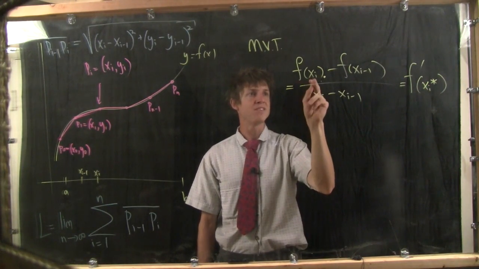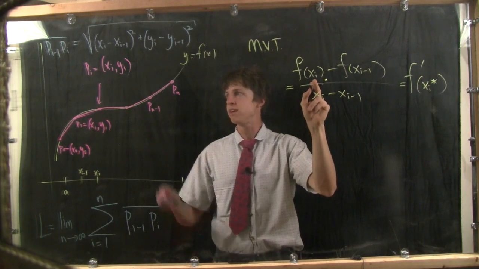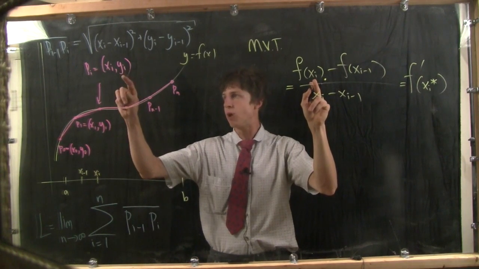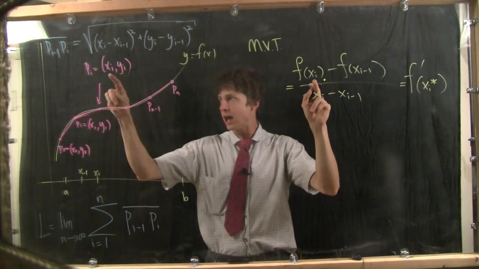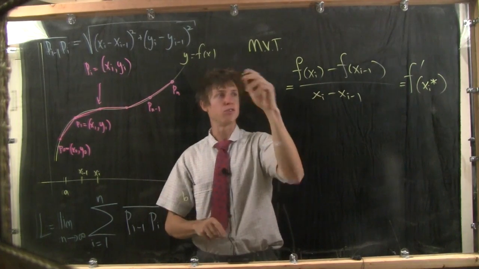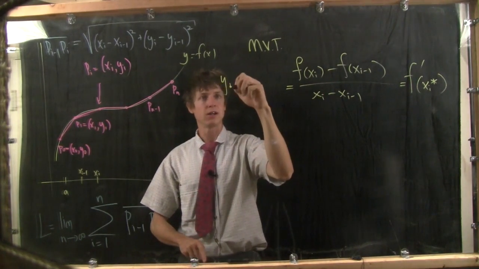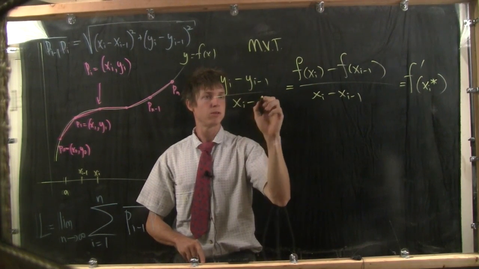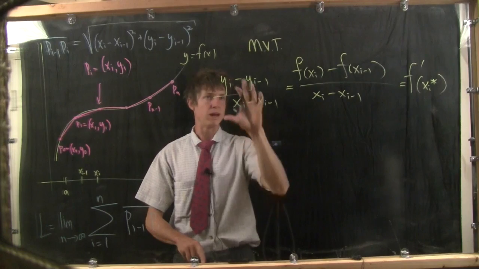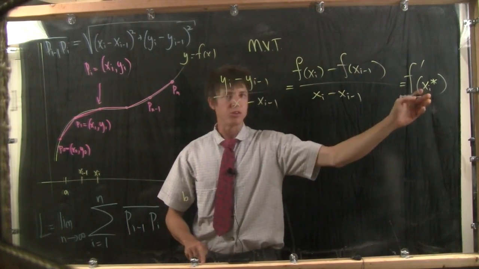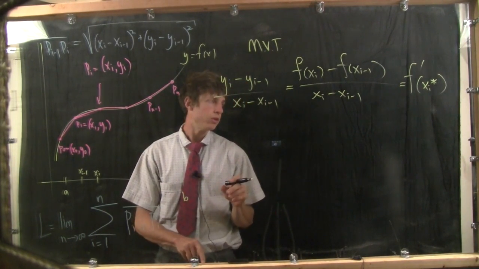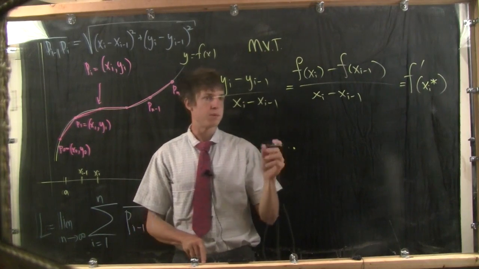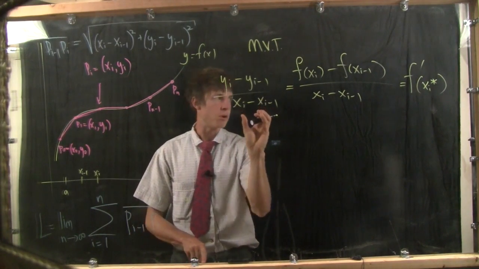And look, f of xi, well, that's just the same thing as yi, right? Y is the y value at the point xi. So this over here, the numerator, is just yi minus yi minus 1. So we have this expression equals this expression. So let's simplify it, clean it up. Let me bring the denominator over here.